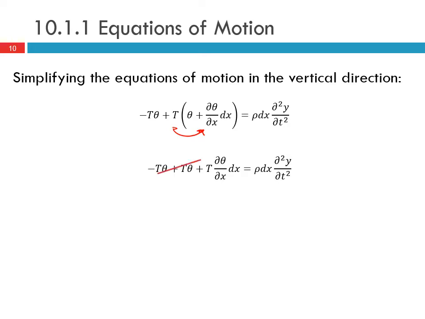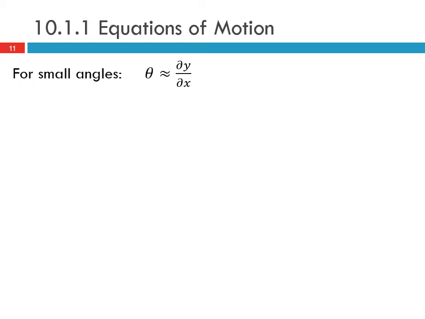Now we've got two T thetas that can cancel out. And so we see that we have T partial theta by partial x dx equals rho dx times partial 2y by partial t squared. The dx's can cancel out. And what we get is partial theta by partial x is rho over T partial 2y by partial t squared.